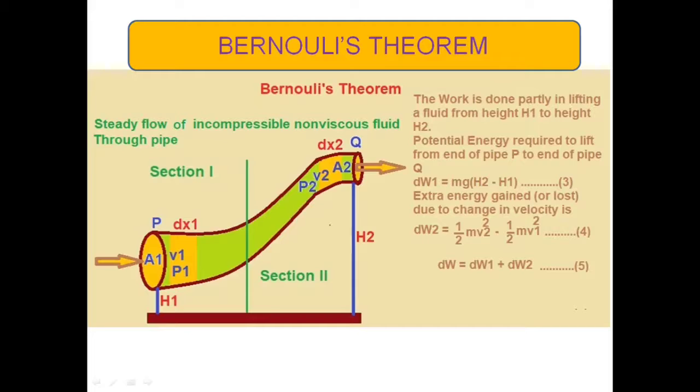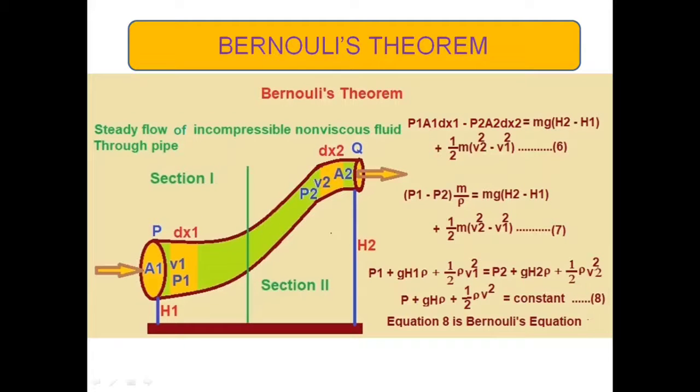Now we will write dW is equal to dW1 plus dW2. Here P1 A1 dx1 minus P2 A2 dx2 is equal to mg into the bracket h2 minus h1 plus 1/2 m into the bracket v2 square minus v1 square, and further P1 minus P2 in brackets.